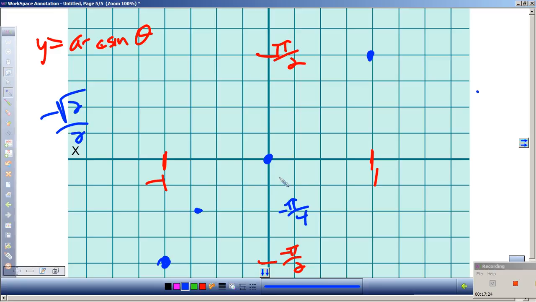What if I did, let's see, where would pi/6 be on here? How about there? I divide into 3 parts, so somewhere in there. So what is the sine of pi/6?